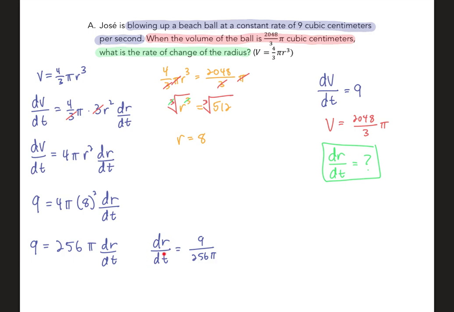This is r on the top and t on the bottom. r is radius, which is a distance, and distances are in centimeters, since cubic centimeters were given. And then time was given in the rate that the ball is being blown up, which is per second. So time is in seconds. And that's it.